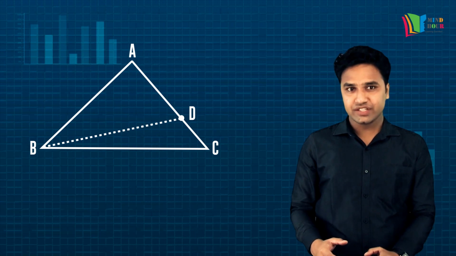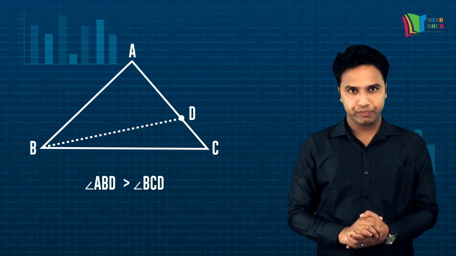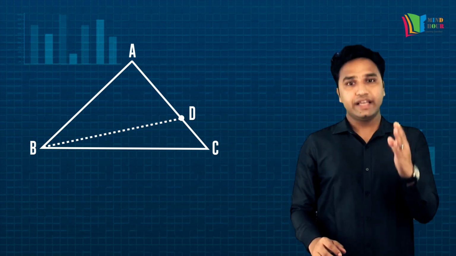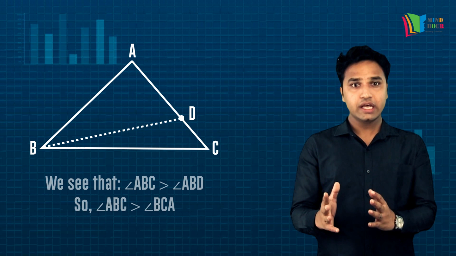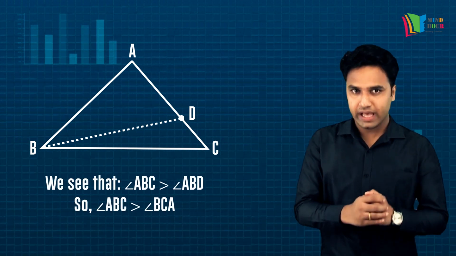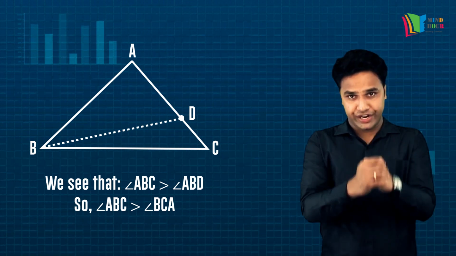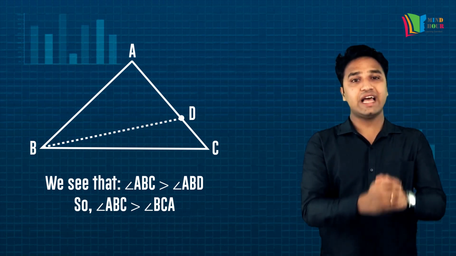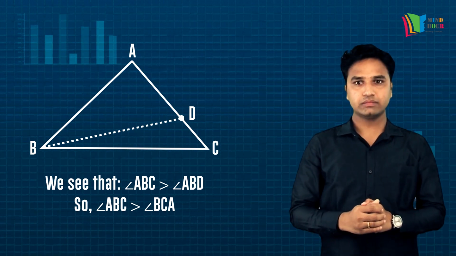Thus, we can say that angle ABD is greater than angle BCD. Since angle ABD is a part of angle ABC, we can say that angle ABC is greater than angle ABD. Hence, we can conclude that angle ABC is greater than angle BCD, and angle ABC is greater than angle BCA.